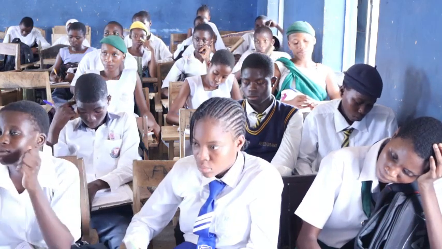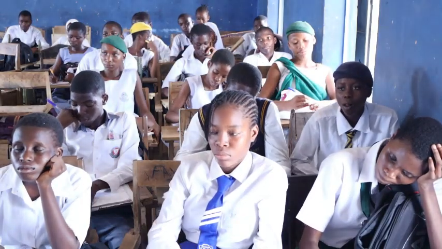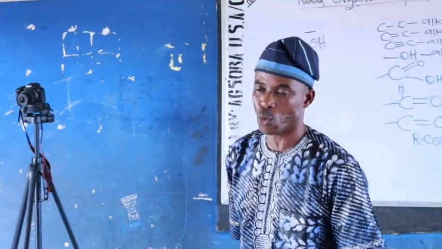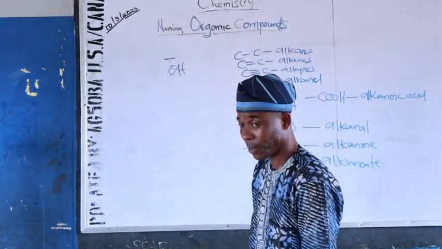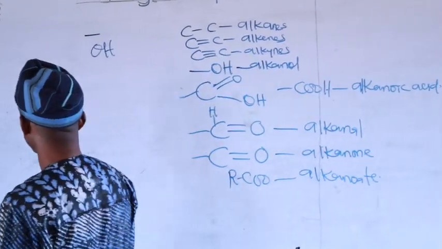The first thing in naming organic compound is to identify the longest continuous carbon chain, which must include the carbon that carries the functional group. Please, that one is very important.